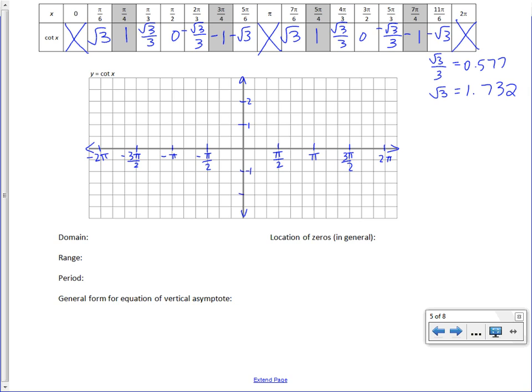Every 2 squares is 1. So I'll give you a couple seconds to get caught up to me here. Paula, you have this? If not, Thursday, please.